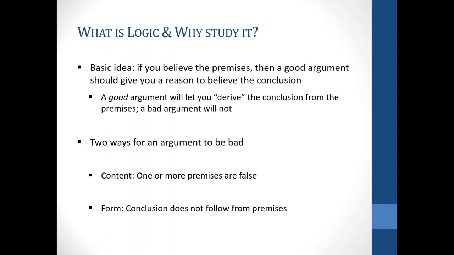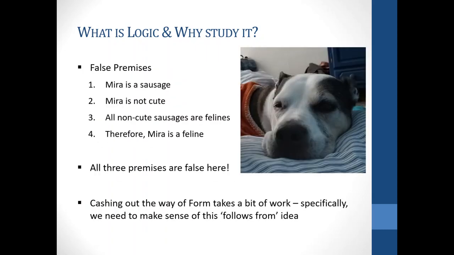Let's start with the way of content, right? So here's an argument. There's a sense in which this is a bad argument. Again, we'll talk about Mira, right? So premise 1, Mira's a sausage. Premise 2, Mira's not cute. Premise 3, all non-cute sausages are felines. Conclusion, Mira's a feline. Right? Now note here that all 3 premises are bad.